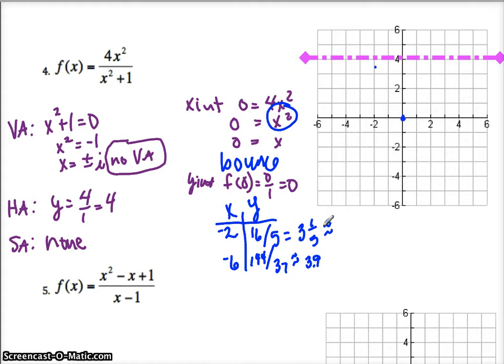Well, you might be wondering, is that higher than 3 1/5 or lower than 3 1/5? 3 1/5 is 3.2. So you know 3.9 is slightly higher. Left 6, up 3.9.